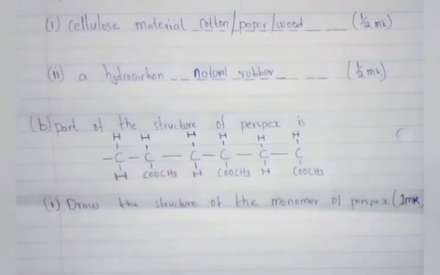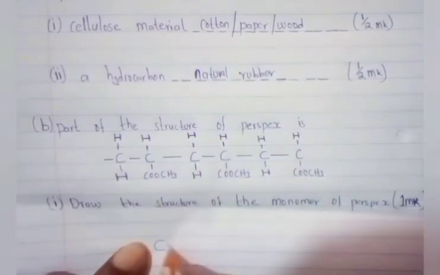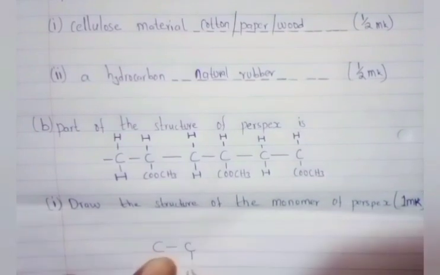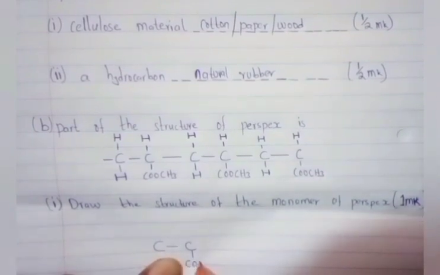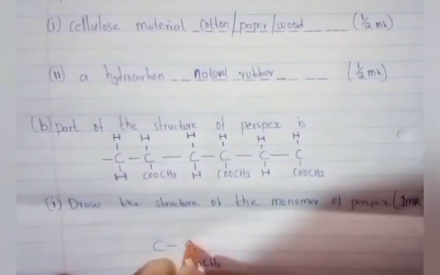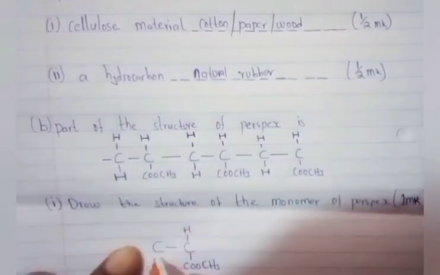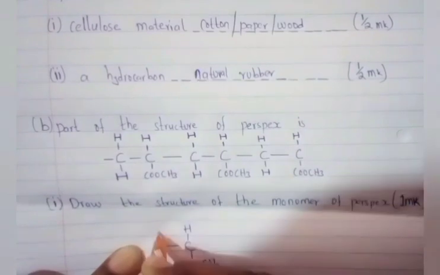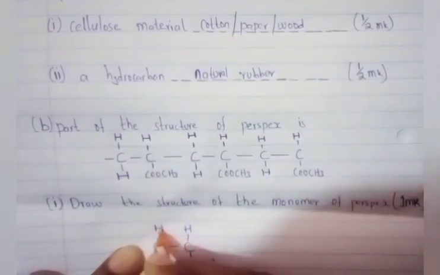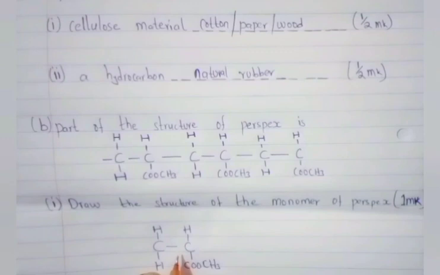They are repeating. So when you're told to draw the monomer, then you pick one of them because you look at the repeating units. So basically we have a carbon, then we have carbon, 2 hydrogens, CH3. We have a hydrogen here, a hydrogen here, a hydrogen here. So this is the repeating unit.